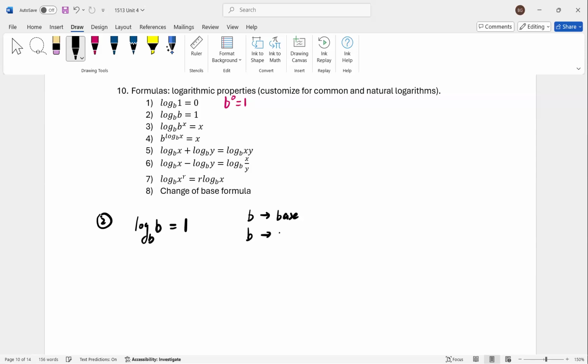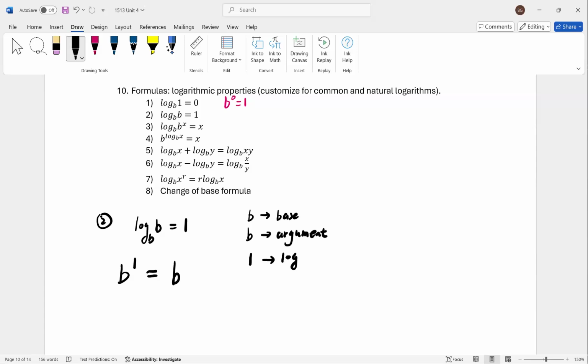Argument is also b. And log is 1. We can convert or rewrite that equation in its equivalent exponential form. Base b is raised to the power of 1 because 1 is the log. Log is a piece of wood, so it's on the shoulder, equals the argument, which is b.